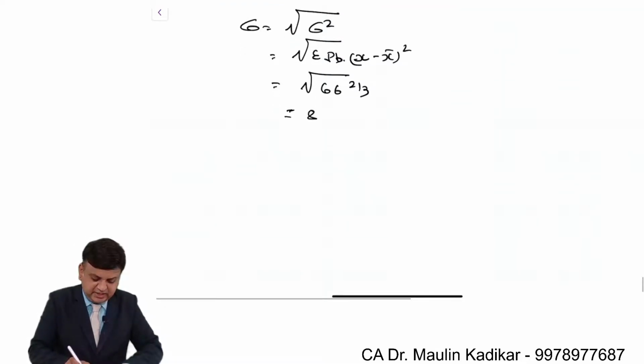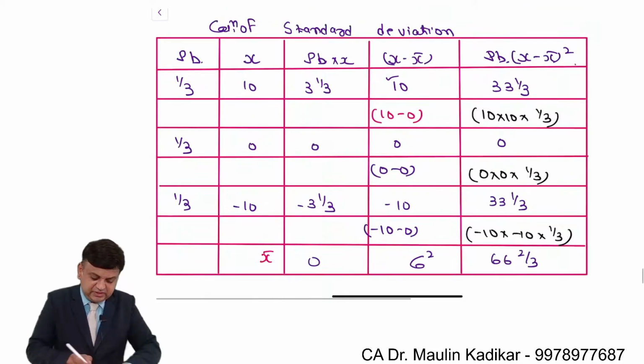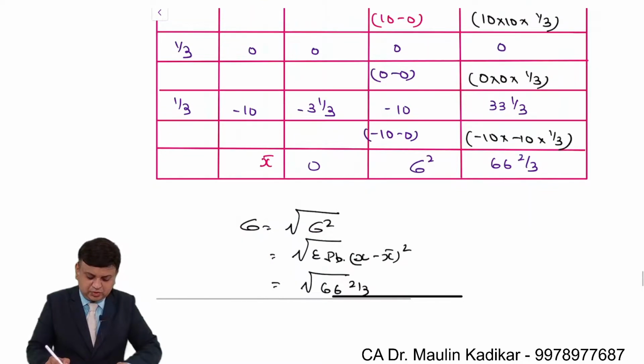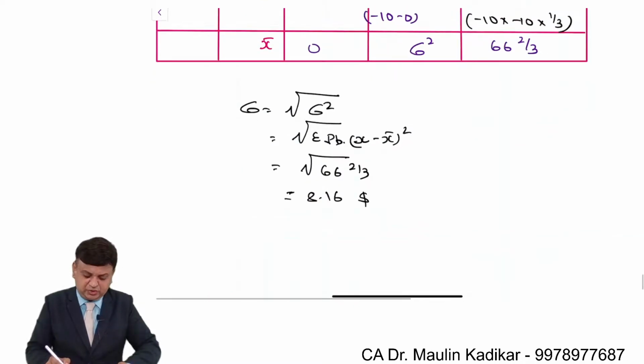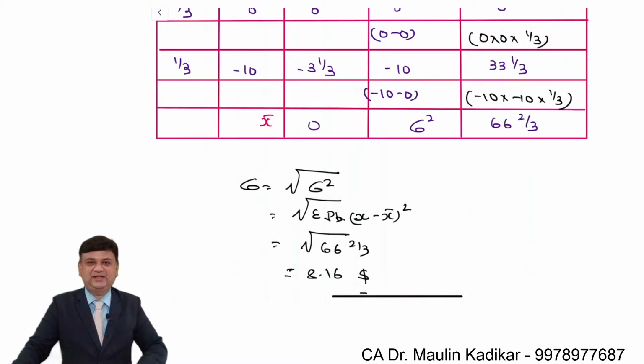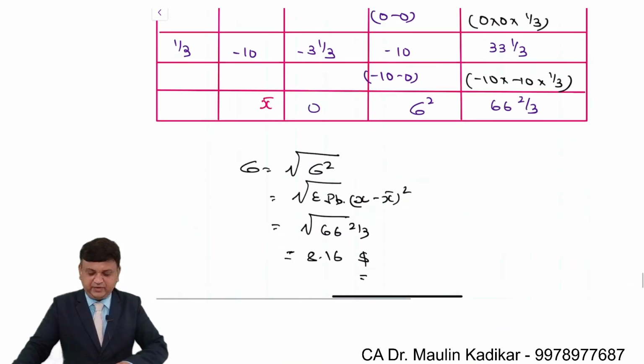So let us take $8.16. Dear students, importantly, since we have the data in dollar terms, we'll have the x bar and also the standard deviation in dollar terms. This is what we understand. Expected payoff and standard deviation.